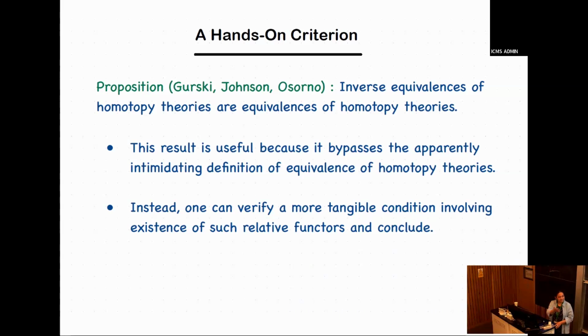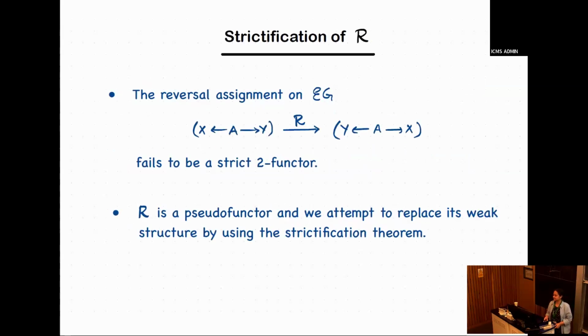But with R star and L star, if you have inverse equivalences of homotopy theories, then that complicated journey becomes a little easygoing. So this result is useful because it bypasses the apparently intimidating definition of equivalence of homotopy theories, and we can just verify whether R star and L star satisfy easier conditions, relatively.